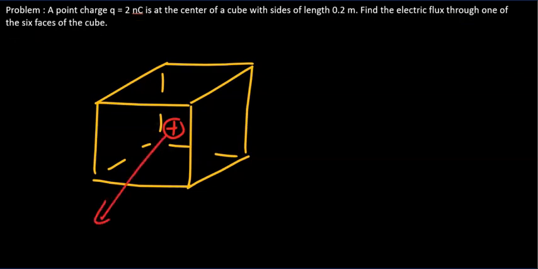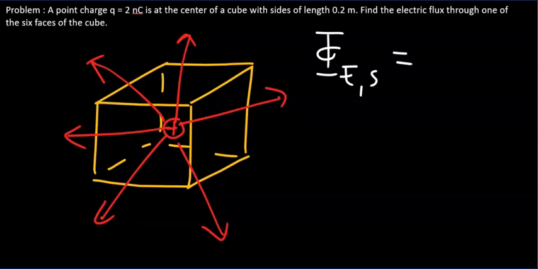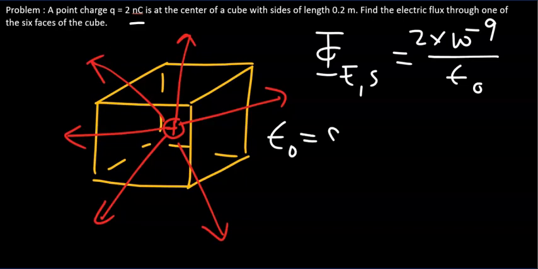Of course, being a point charge, the direction of the electric field is going to go like that. So how do we determine the electric flux? The total electric flux through this cubical surface is the net charge, which is 2 times 10 to the power minus 9 coulomb, because it's given as nanocoulomb, over epsilon naught. Now we know epsilon naught is 8.85 times 10 to the power minus 12 in SI units.